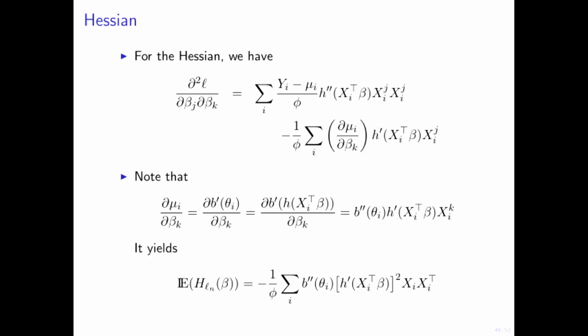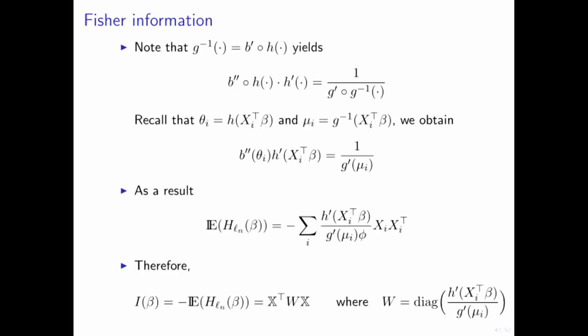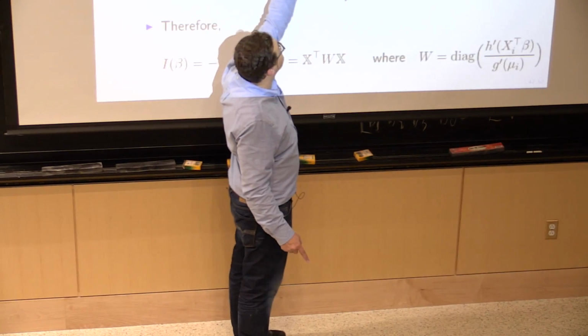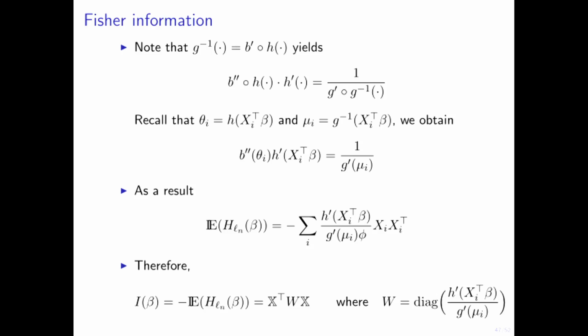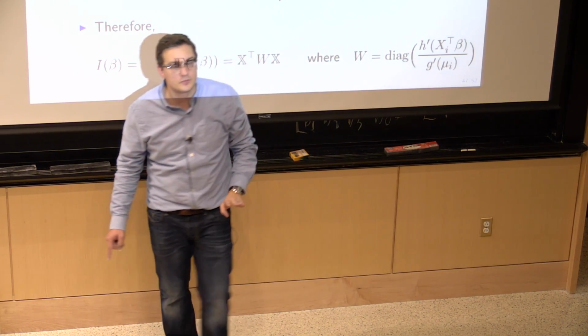But what I wanted to show you is that once I compute this, I can actually show that if I look at this product that showed up, I had b prime prime times h prime squared. One of those terms is actually 1 over g prime. And so I can rewrite it as 1 over the h prime, because I had a square, divided by g prime. And now I have this x_i transpose.